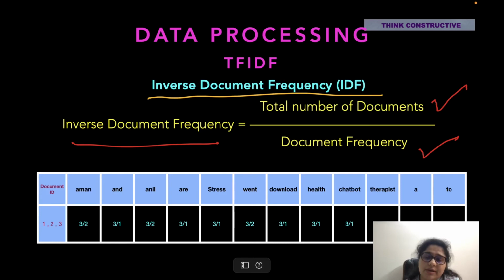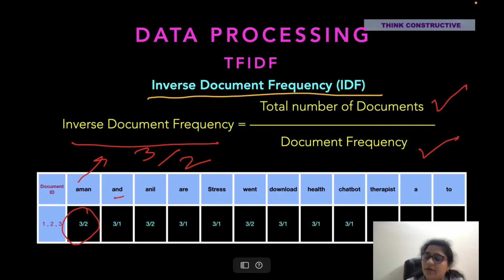Alright. So in our example, how many documents do we have? 3. So for Aman, total number of documents is 3 divided by document frequency for Aman, which was 2. So 3 divided by 2 is the inverse document frequency for Aman. Similarly for and, the total number of documents would remain the same for all, right?